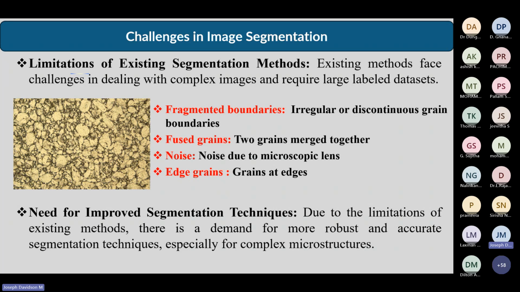But having said that, is it that easy? Obviously not. The reason is, when you take a microstructure, there will be some fragmented boundaries. They are fragmented or irregular or continuous, discontinuous grains. And there can be some fused grains, actually 1 or 2 or 3 grains. Sometimes it will get merged together and we call it fused grains.